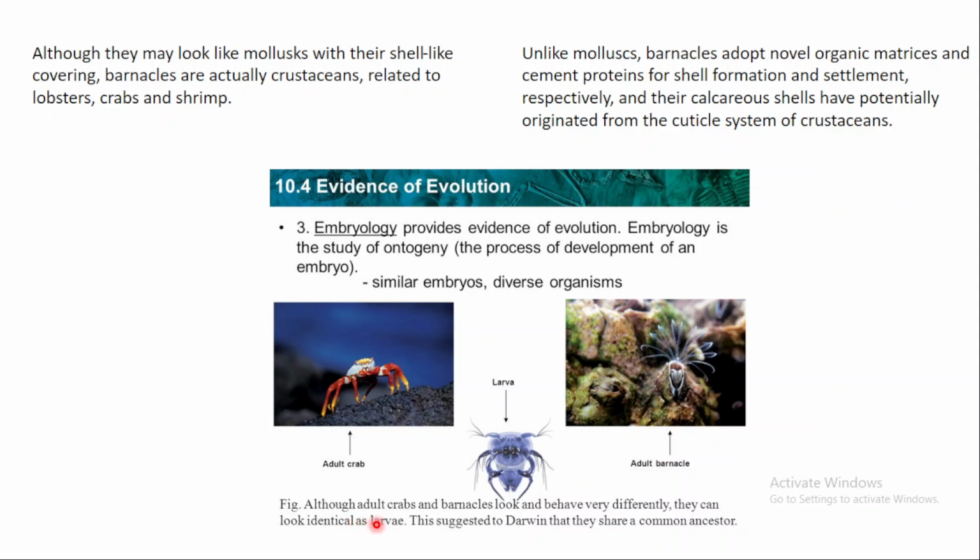In the larval stage, barnacles and crustaceans look identical, while in the adult stage they look more like mollusks. In the larval stage, they share common features with the crustaceans. That's why barnacles fall into the crustacean category.